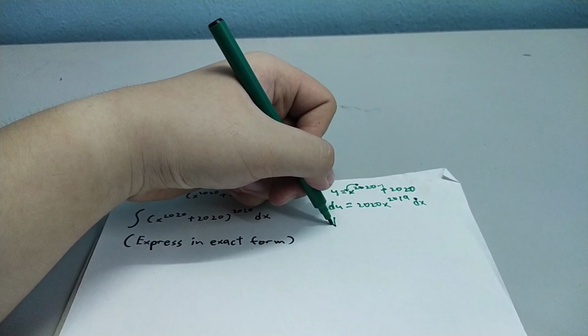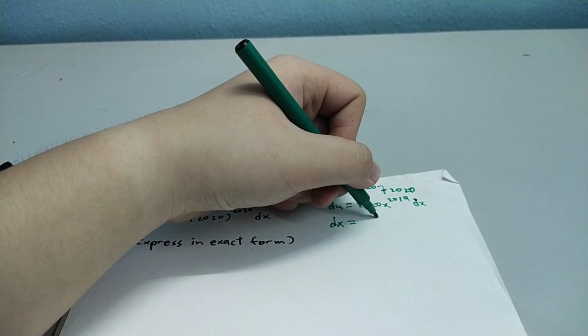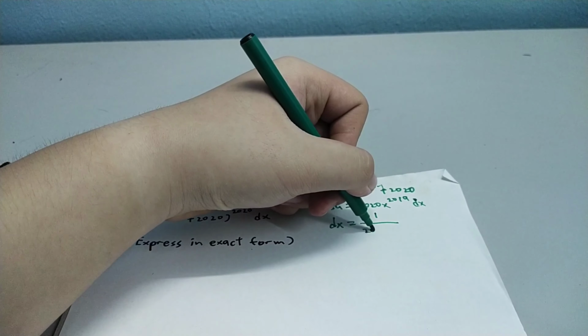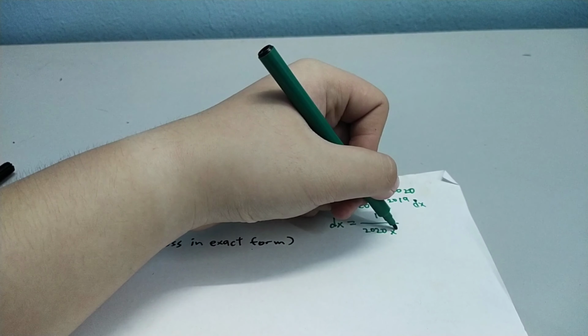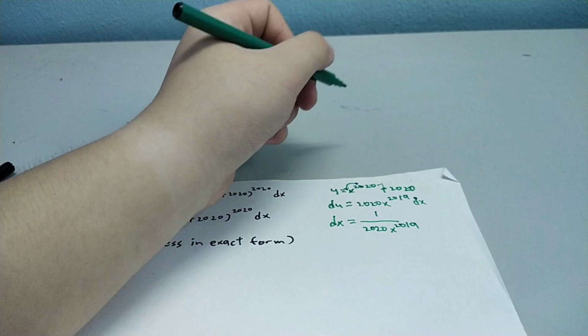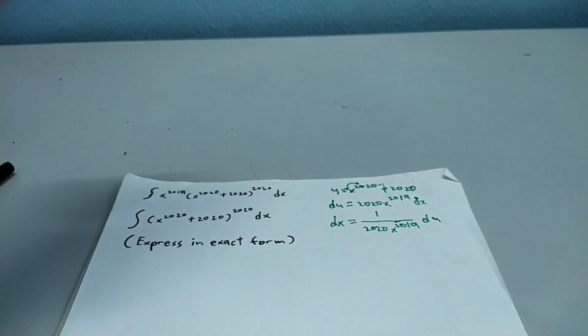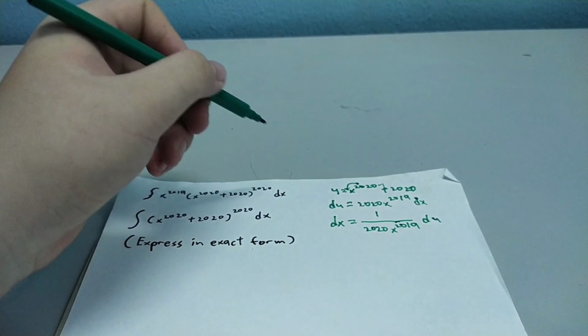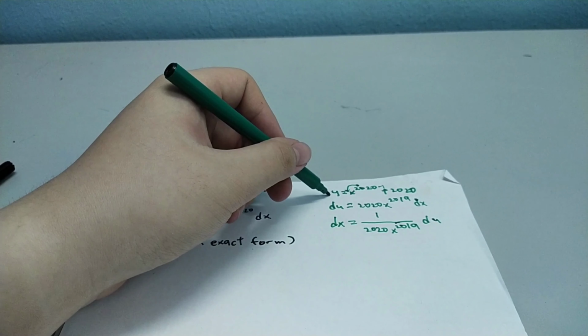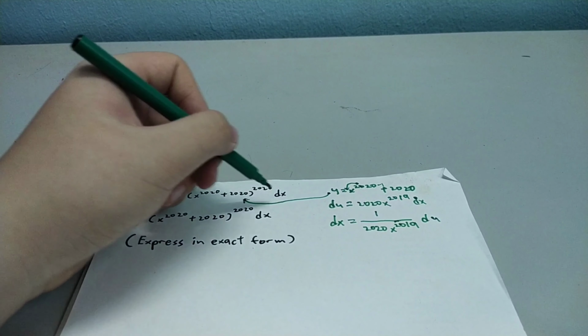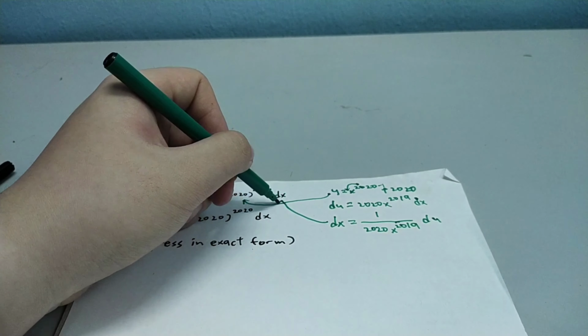Finally we solve for dx, which is equal to 1 over 2020 times x to the 2019th power du. So what we can do is substitute u and dx.